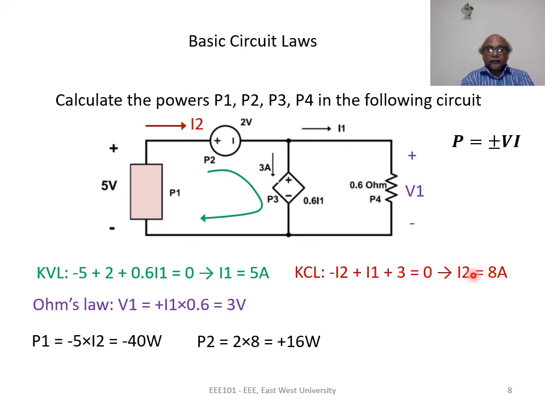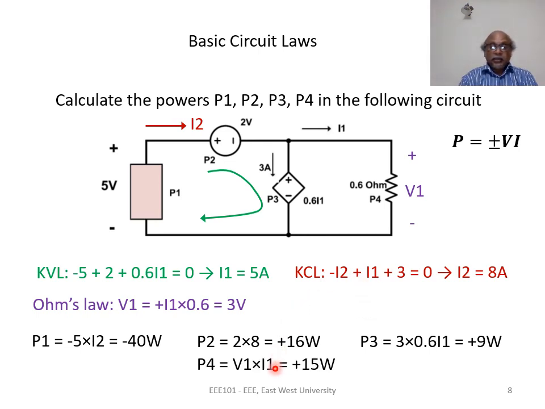I2 is 8 ampere. So 2 times 8 is plus 16 watt. Plus sign tells us that the power is absorbed. Similarly, for P3, the voltage is 0.6 I1, which is 3 volts, and the current is 3 ampere. So the power is plus 9 watts.